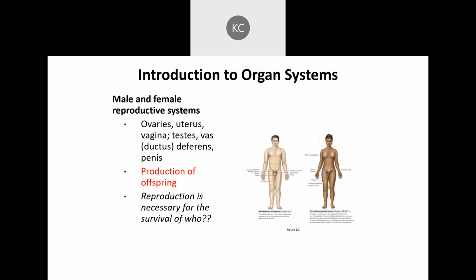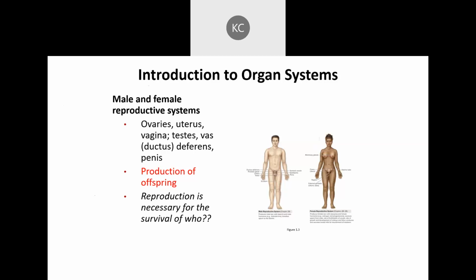Okay. And then lastly, we have our reproductive systems, right? So reproductive systems are going to be the primary system that's going to be different between males and females. Most of the other systems that we've talked about are going to be more or less the same in terms of the structures and the location. For our reproductive systems, there are going to be some differences, right?